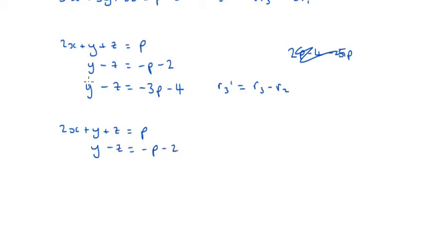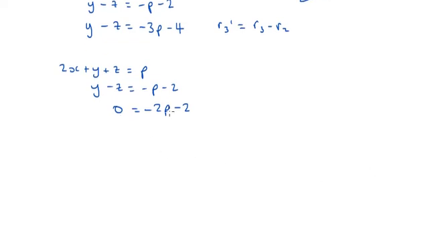Bottom row though, the y's are going to go, the z's are going to go as well. So we're going to end up with 0 equals. So minus 3p take 4, take away this is going to become minus 2p, minus 4 minus minus 2 is minus 2. So we need this to be true.